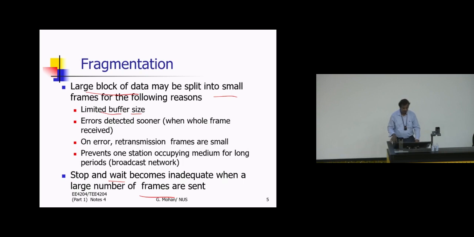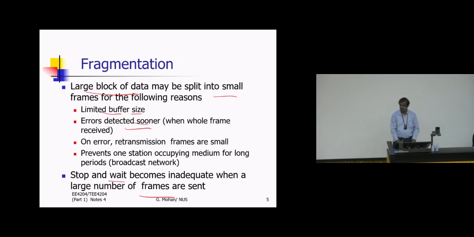Next, errors are detected sooner. If our frame is quite big, let's say 50,000 bits, then in order to calculate the CRC, you need to carry out the division over 50,000 bits. If the frame is shorter, the CRC can be computed faster and errors, if any, can be detected sooner.